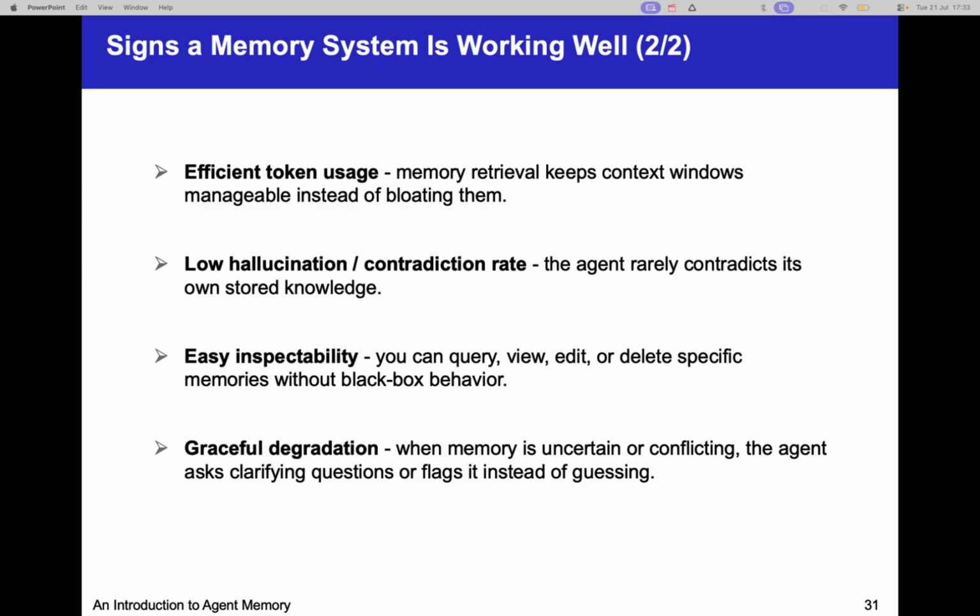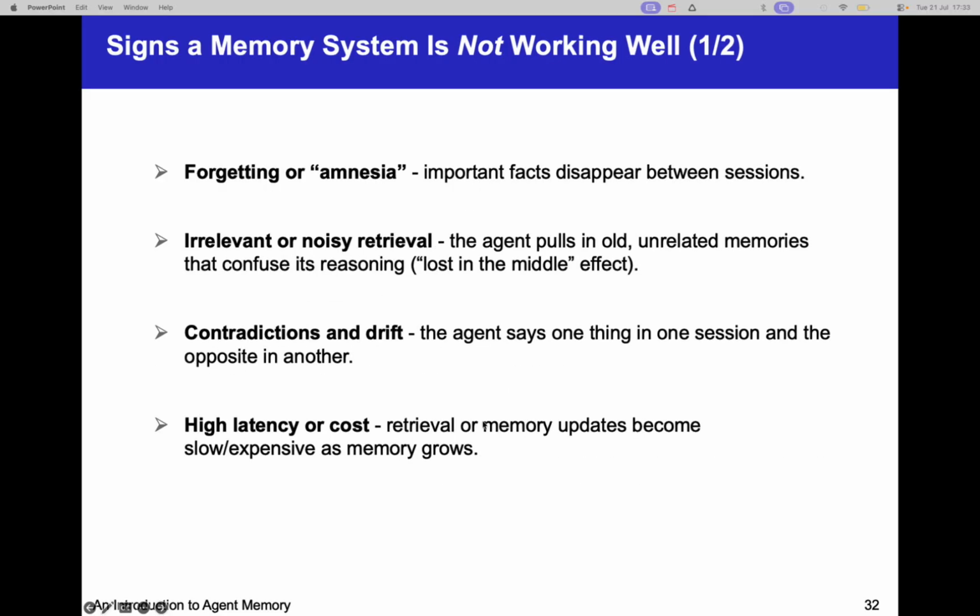Otherwise, you cannot debug it. And obviously, the opposite of everything I've just said are the tells that it's gone bad. It has amnesia, it forgets things that are clearly stored in memory. It finds things that are irrelevant when it retrieves from memory, contradicts itself, or the agent drifts over time, meaning it interprets the memory differently over time, etc.